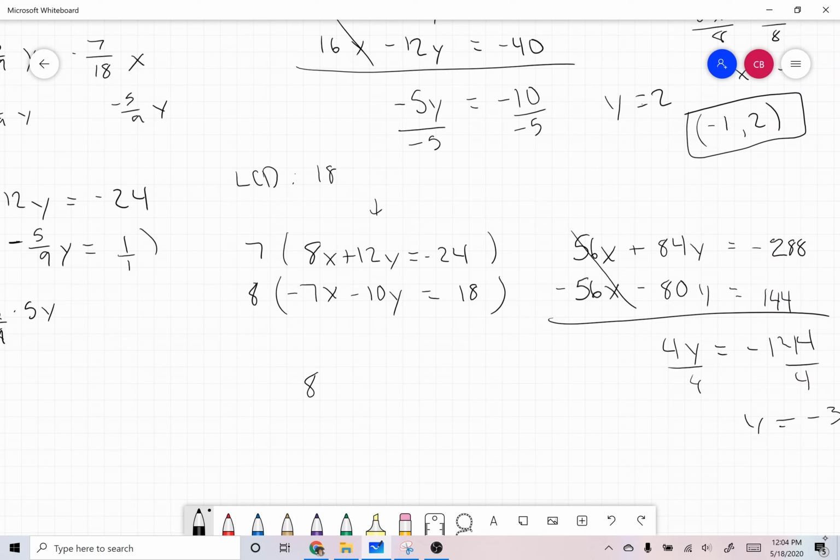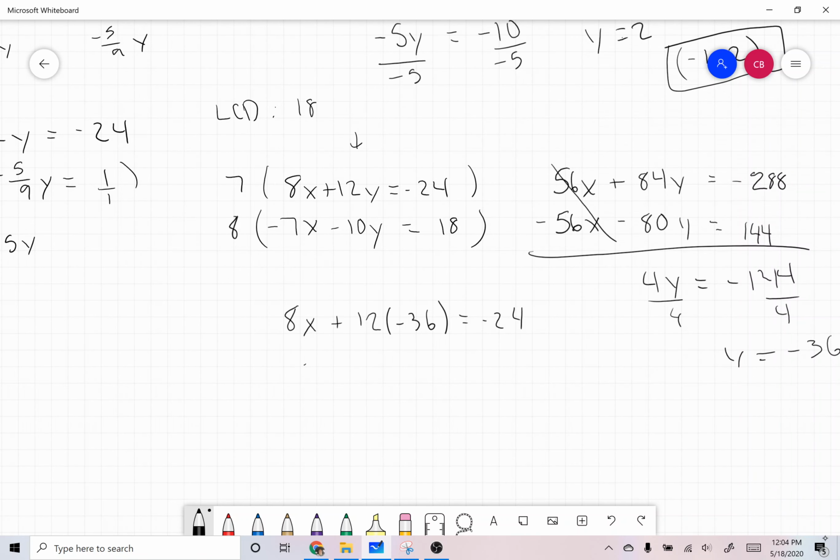So we've got 8x plus 12 times negative 36 is equal to negative 24. So this is 8x minus 36 times 12 is 432, negative 24. Add 432.